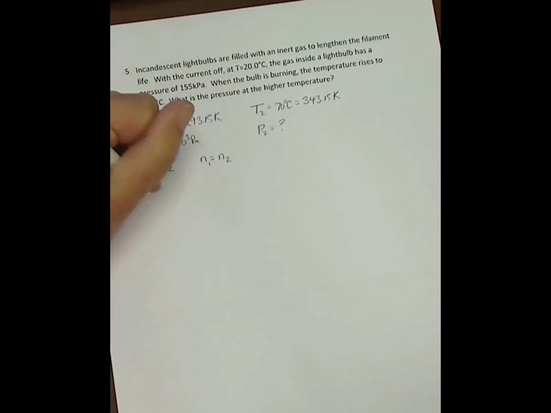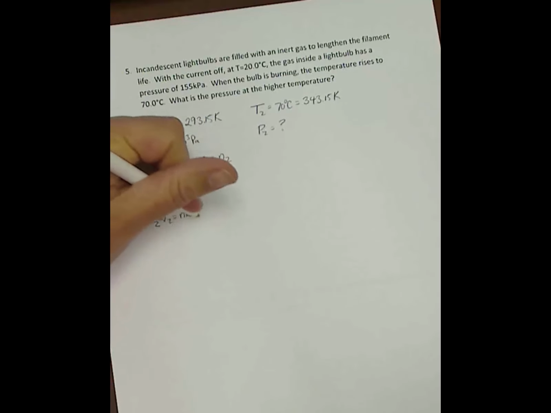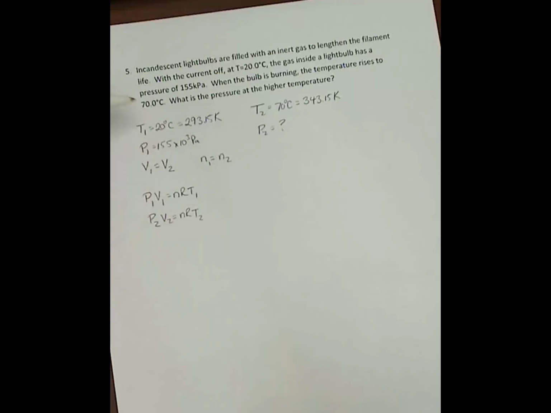All right, so I've got P1 V1 equals nRT1, P2 V2 equals nRT2, and I have the T's, and I have one of the P's. I want P2. So what can I do? Well, what if I divide these equations by each other?